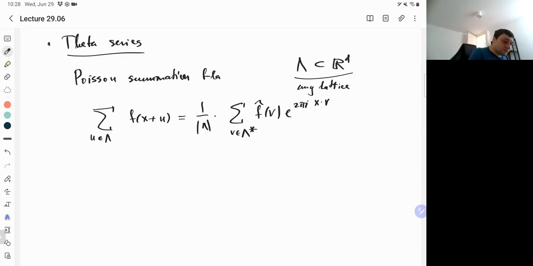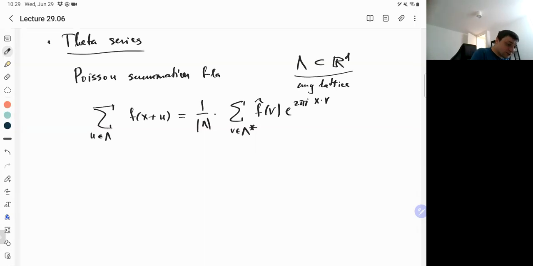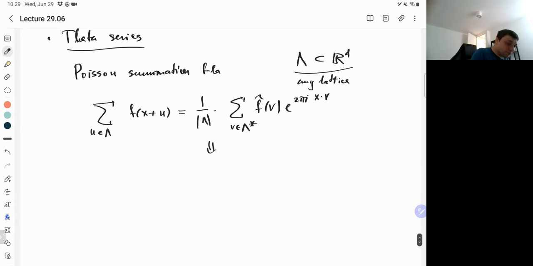This has a simple corollary, which people also call the Poisson summation formula: if you set x to 0, then the sum of the values of the function over the lattice is equal to the sum of the values of the Fourier transform over the dual lattice.